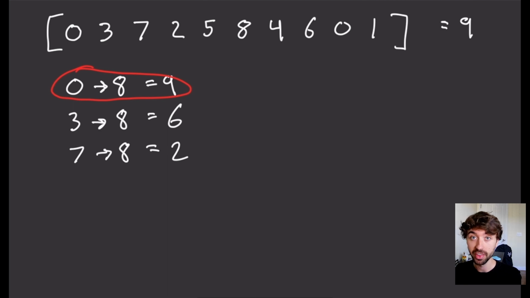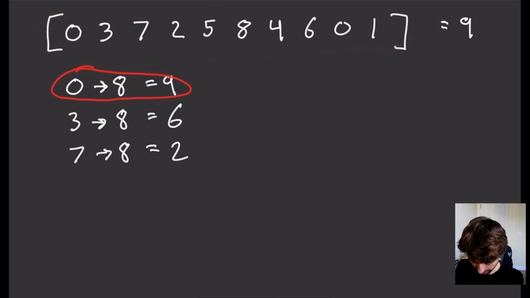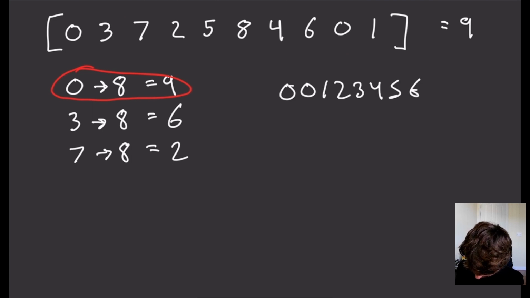I will mention that one way we could solve this problem is by simply sorting this input array. So we could sort it and it would end up looking like 0, 0, 1, 2, 3, 4, 5, 6, 7, 8. And then we could just walk through and count how long our sequences are. So from here to here, that's the same number, so the sequence length is still 1.